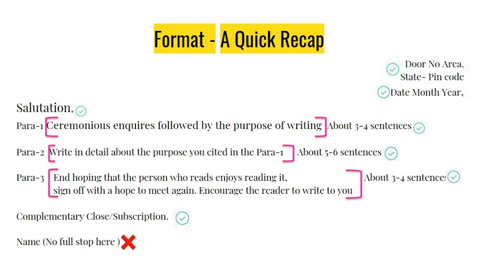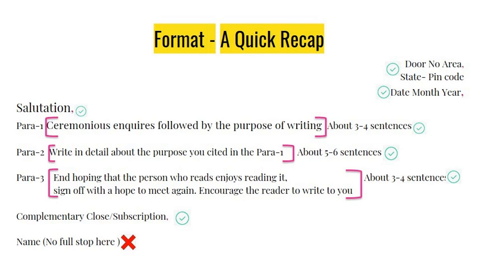Now here is a quick recap for you. Write the address of the sender and date onto your right. Start the letter with a salutation onto your left and stay left from then on. Write at least 3 paragraphs, each with an idea or specific substance in it as discussed earlier.